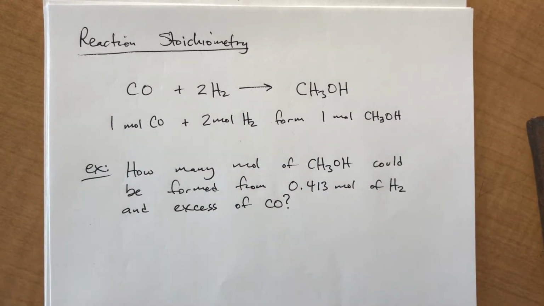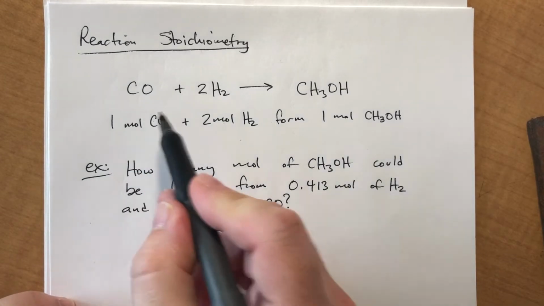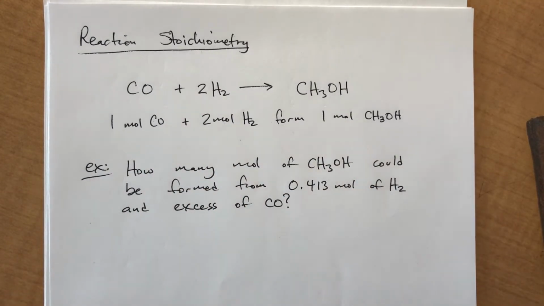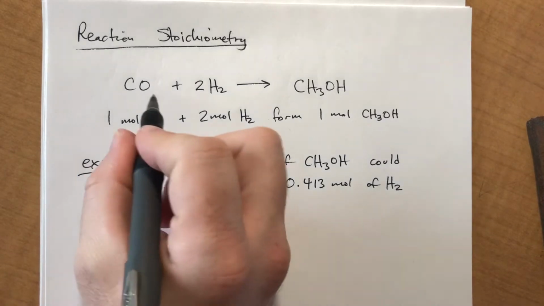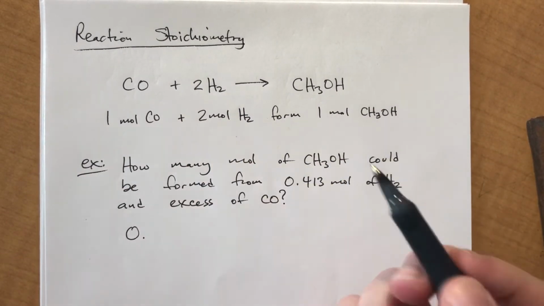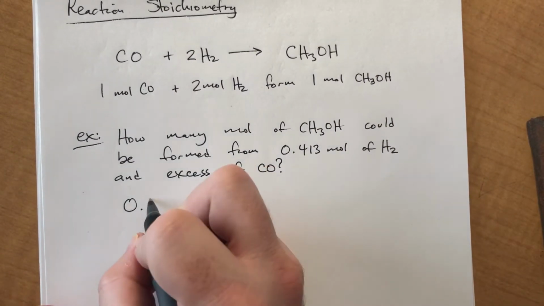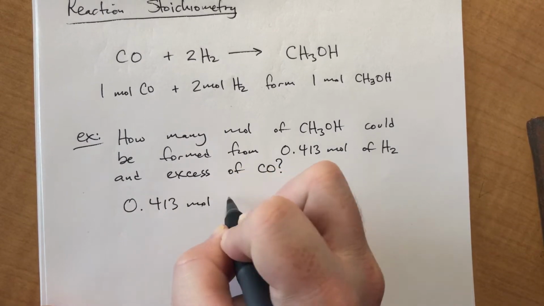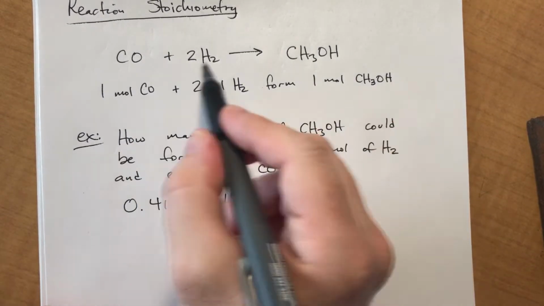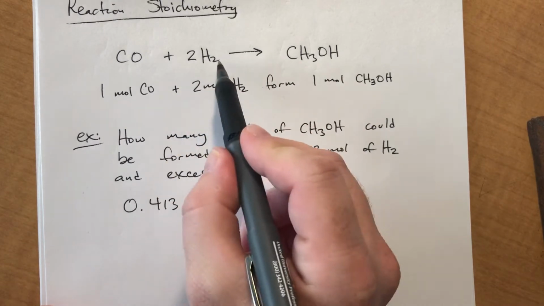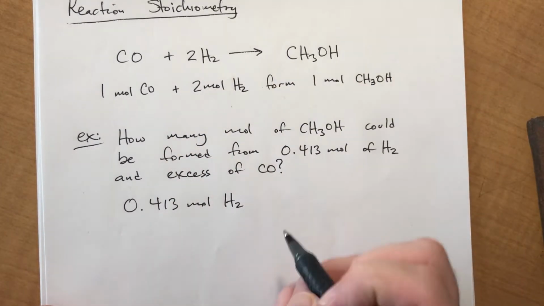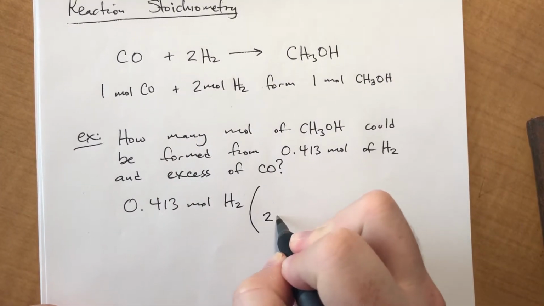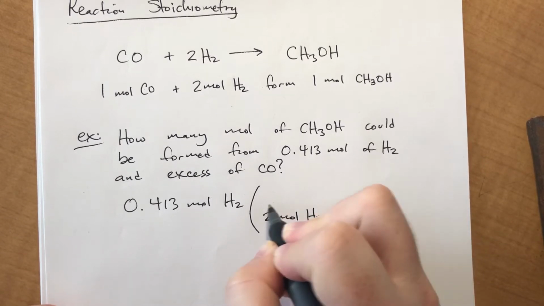So essentially what we use is something called the mole ratio. It's a 1 to 2 to 1 ratio. As long as this is a balanced equation, that ratio is going to work out. So we have 0.413 moles of hydrogen, and based off this balanced equation, we know that for every 2 moles of hydrogen, we should be able to make 1 mole of this. And that's our mole ratio.